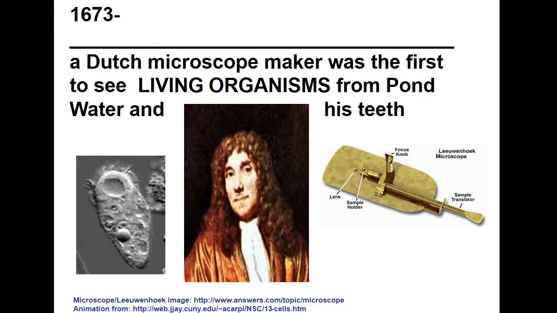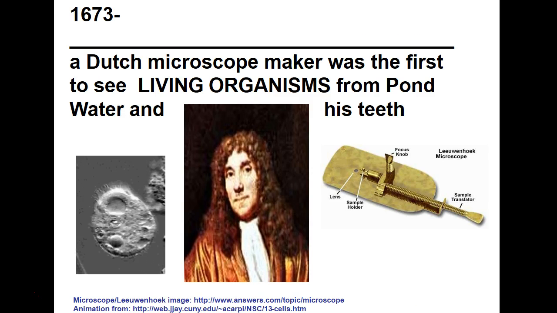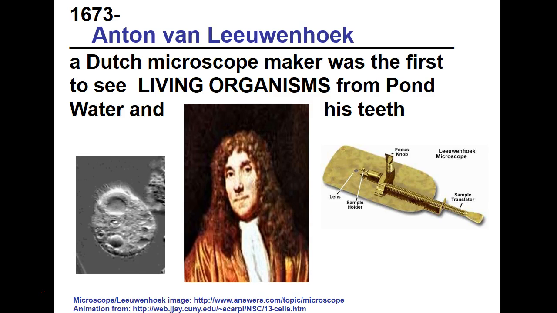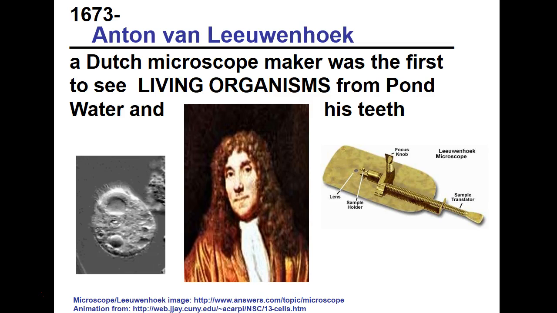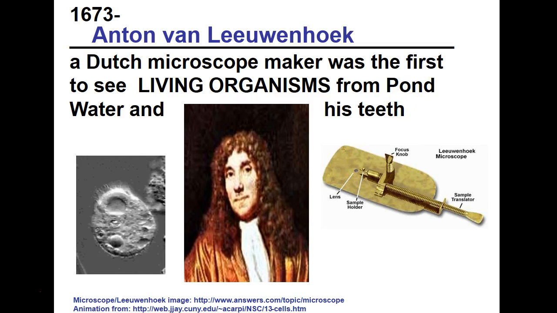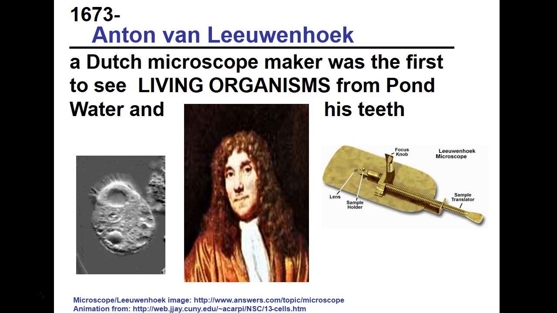This next fellow, Robert Hooke was 1665. This dude, Anton van Leeuwenhoek, it's a hard Dutch name to say. Anyway, he was a microscope maker, and he was the first guy to see living organisms under a microscope.